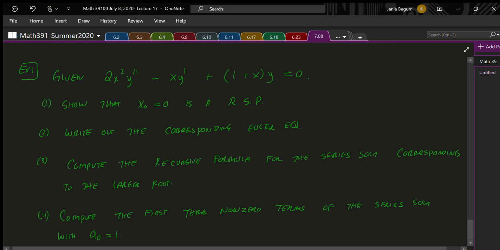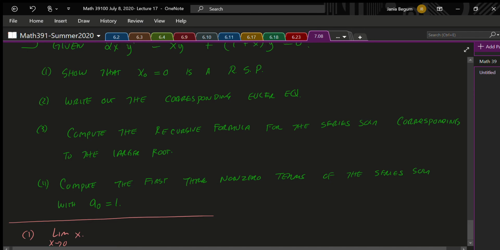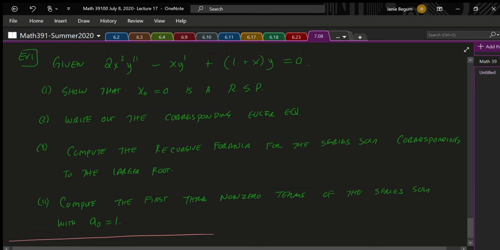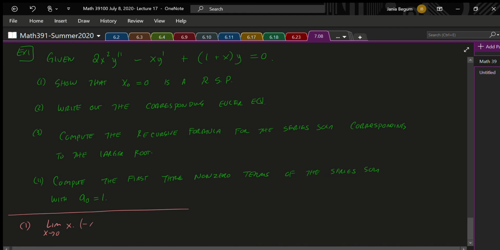Okay, so we want to show that x naught is a regular singular point. Well, we go ahead and take the limit. So part 1, we take the limit as x approaches 0 of x times q of x, which in this case is negative x, over p of x, that's 2x squared.